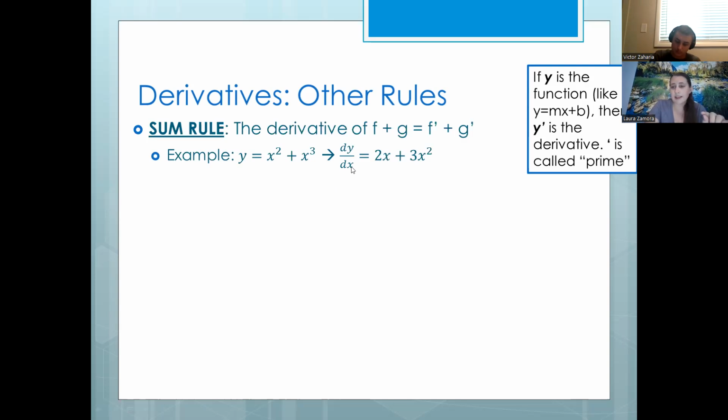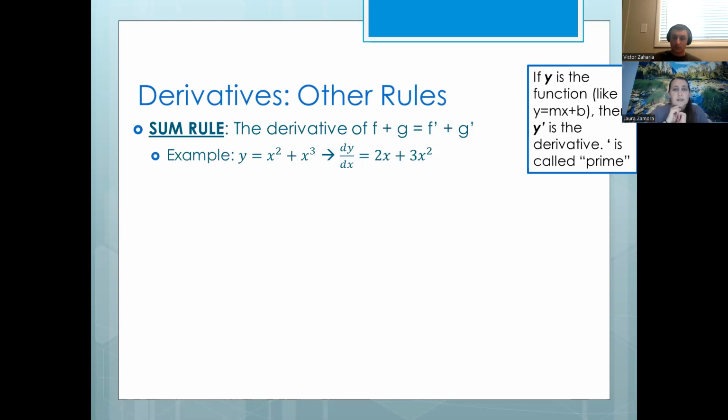we just apply that power rule to each part separately, and then we can add them back together. So again, with the power rule, we multiply the coefficient by the exponent and subtract 1 from the exponent. So the derivative of x squared becomes 2x, right? 2 times 1 times x to the 2 minus 1, which is 1.